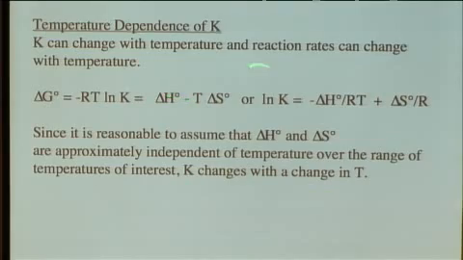All right, so we can rearrange these in terms of solving for our equilibrium constant. And so we see the natural log of the equilibrium constant equals minus delta H naught over RT plus delta S naught over R. And it's reasonable to assume that for the things we're talking about, delta H naught and delta S naught are pretty much independent of temperature.